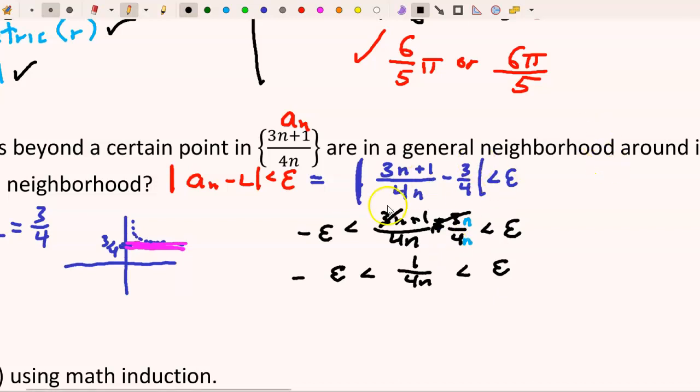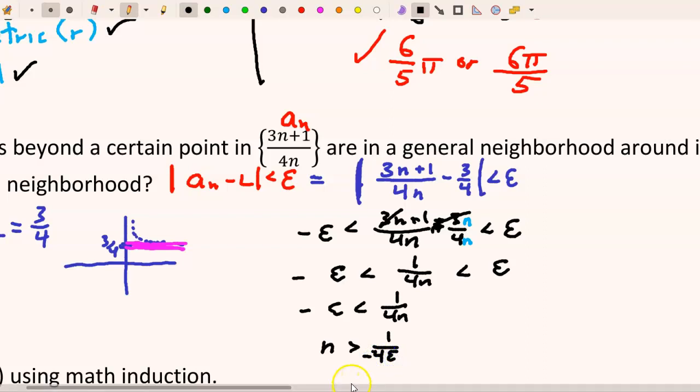Alright, so we have to solve each one just to make sure. And as you can see here, if I solve this, I'll end up with, let's see here, n is greater than 1 over negative 4 epsilon, which doesn't make sense, right?